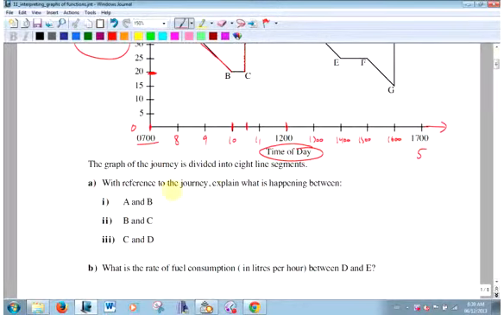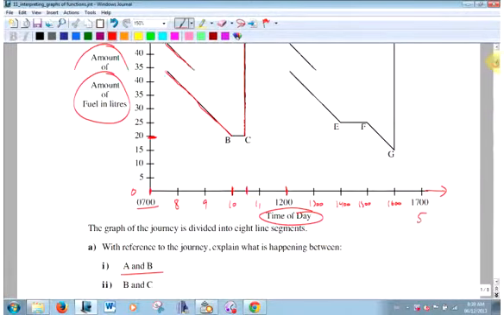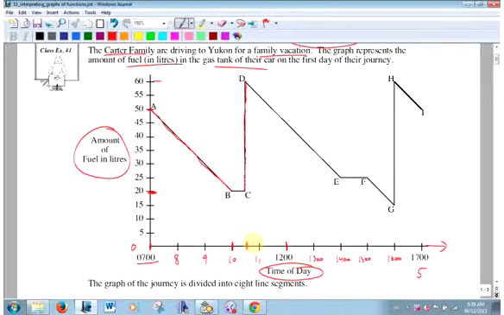Okay, what's going on? With reference to this journey, explain what is happening between A and B. I already said it. They're driving. They're burning gas. But because this is grade 10, at a constant rate, okay? Exactly 100 kilometers an hour down a flat highway. The wind conditions are exactly the same.